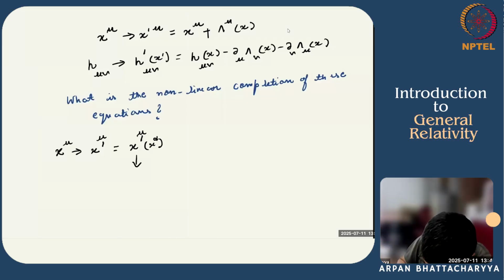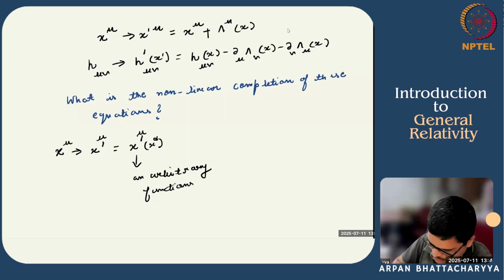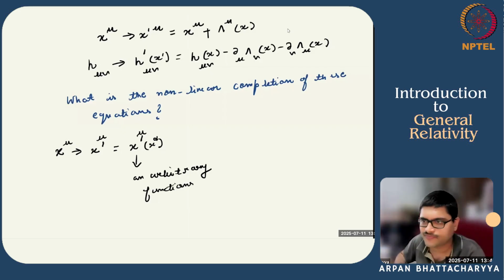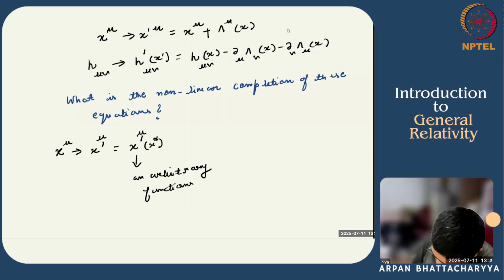But this is arbitrary, and for each mu you will have an arbitrary function. So together you have four sets of arbitrary functions. This is nothing but the general coordinate transform.